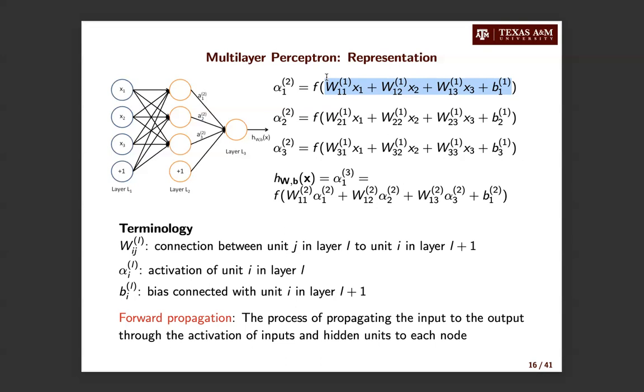But moving forward, we are going to see how this activation function can be different, especially when we have neural networks with multiple layers. Now, similarly, if we want to represent the output of the second hidden node, again, it's another linear combination of the input features, which is represented by these different weights, W21, W22, and W23.